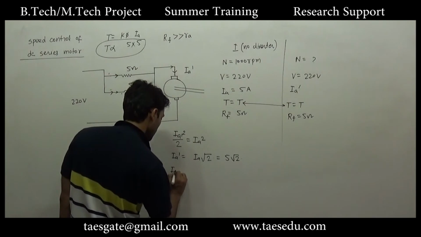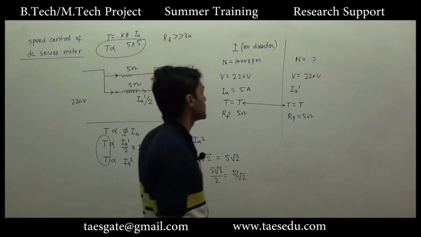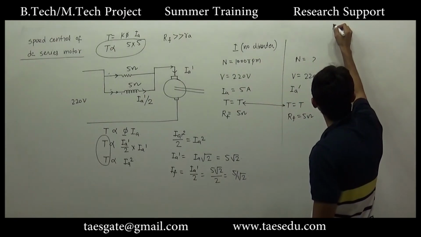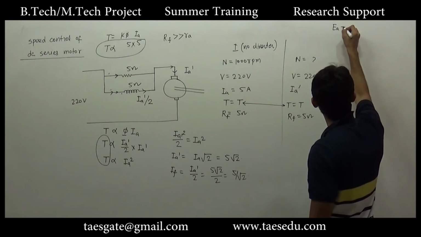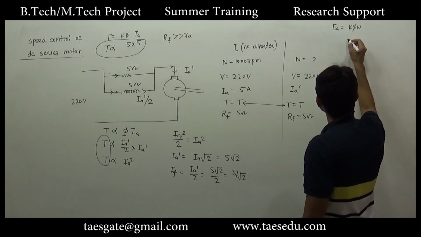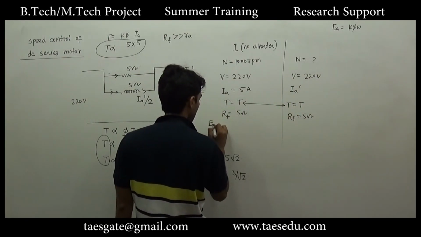And what will be the field current? Now if we want to calculate speed, speed is related to the formula of the armature voltage. We have K phi into omega. So let us first calculate the armature voltage here.